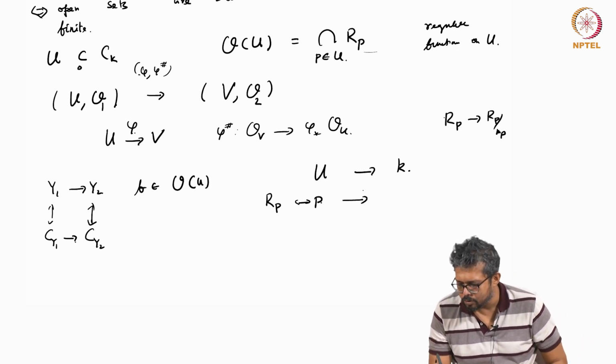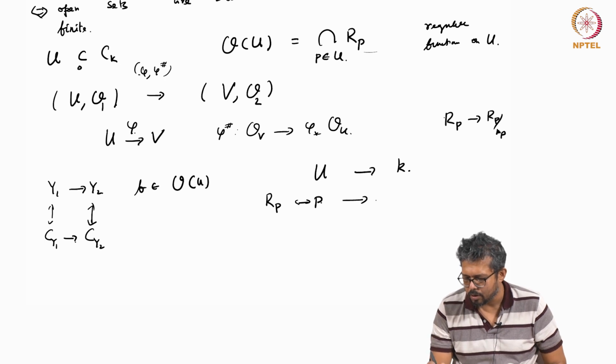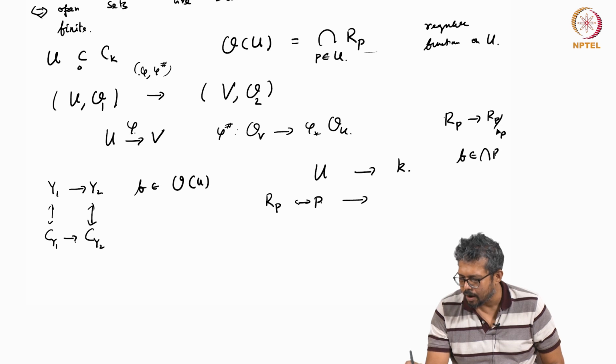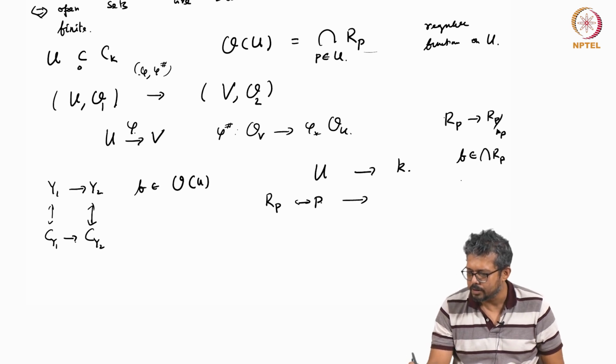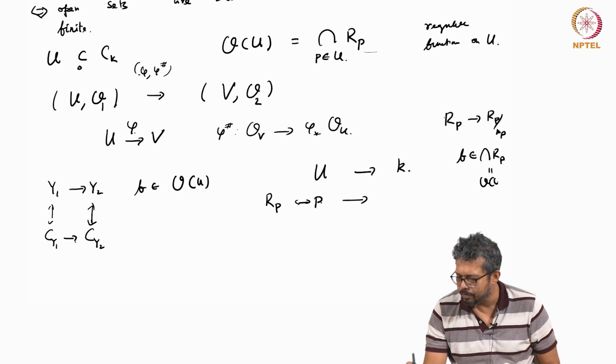Then P goes to the image of f, if I take any element f in the intersection of the R_P. This is the element of O(U), so this is your O of U.